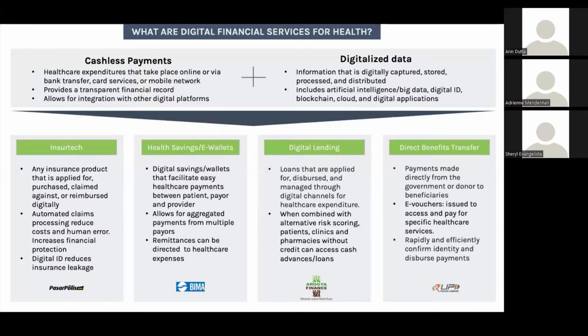And then digital lending. Digital lending has often been combined with alternative risk scoring. For unbanked patients or patients without a credit history, or for smaller clinics and pharmacies that similarly don't have a credit history, they can use these models where alternative risk scoring may involve other data from a patient's smartphone. It might use that digital financial record for a clinic and pharmacy to see what the average monthly revenue is, or use psychometric tests, such as the case with Arogia Finance, where they use a psychometric test to see the risk of someone defaulting on a loan.